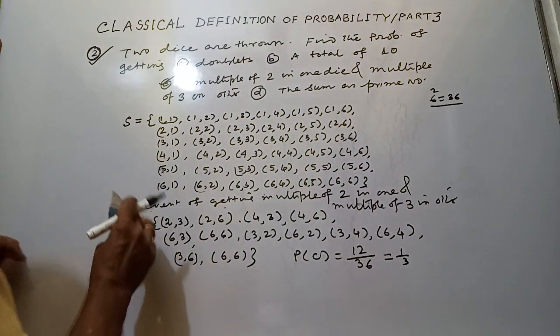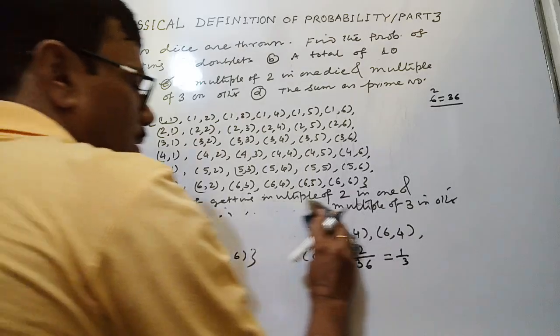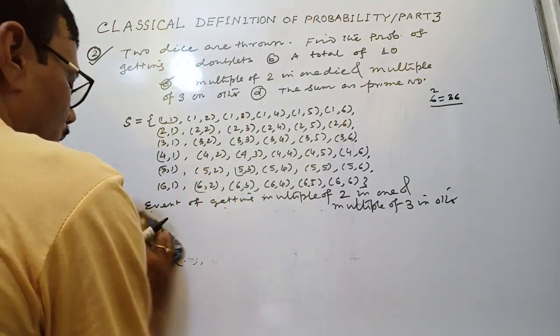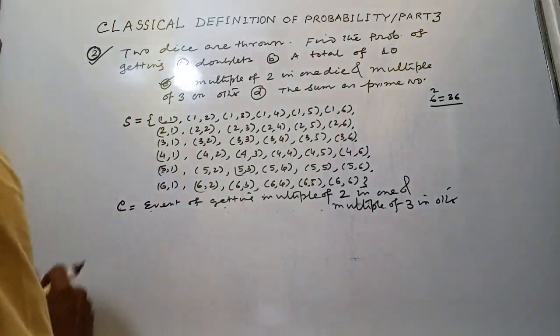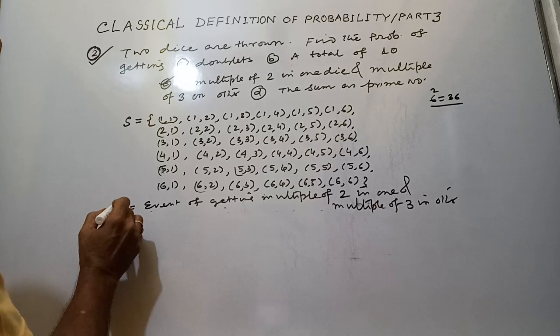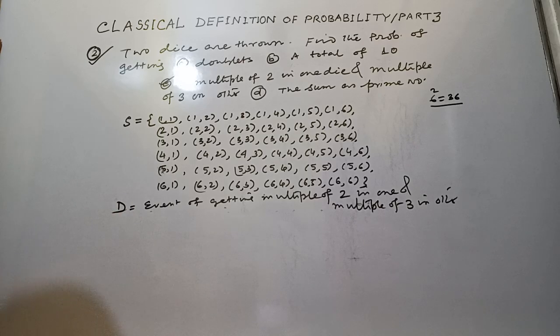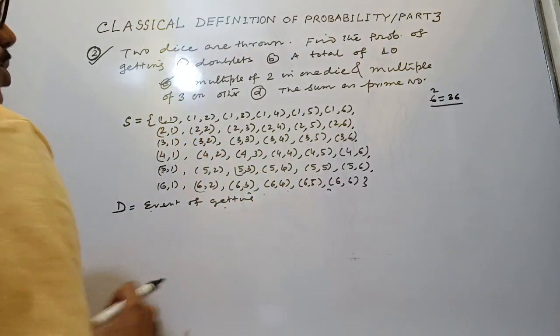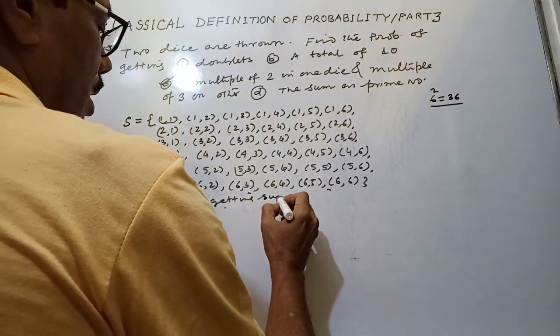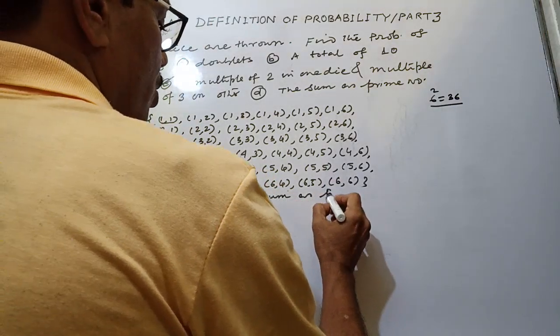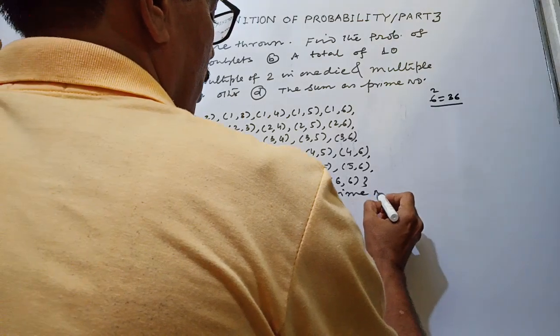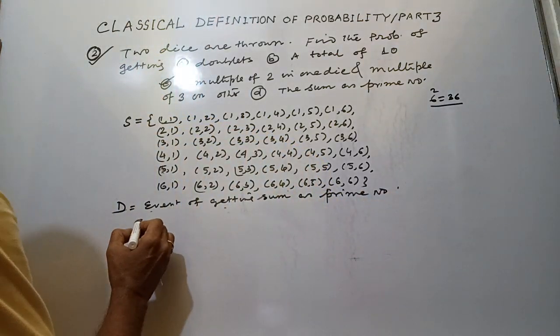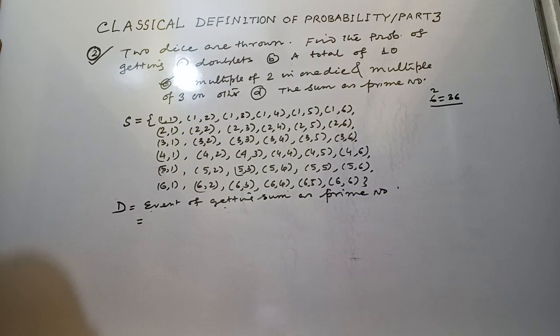Now the last one. Suppose this one is D, the event of getting the sum as a prime number.